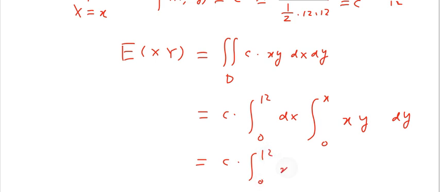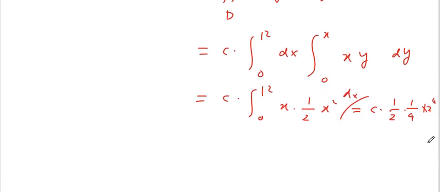Here x is constant, then integrating y dy gives half of y squared, so that's x squared over 2. So this equals c times the integral of half of x cubed dx, which is 1 over 4 x to the fourth, evaluated at 12.